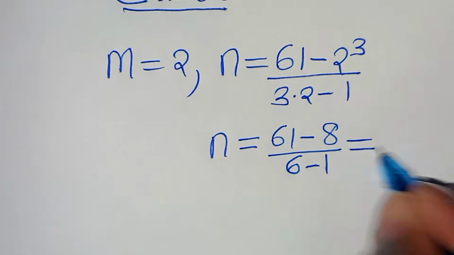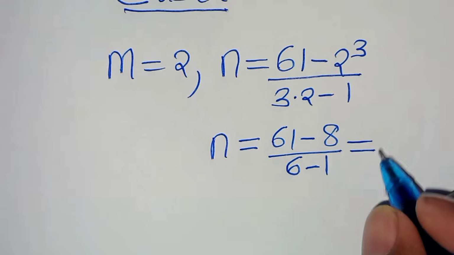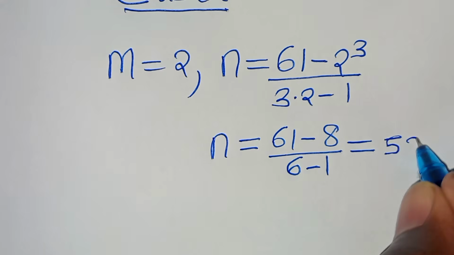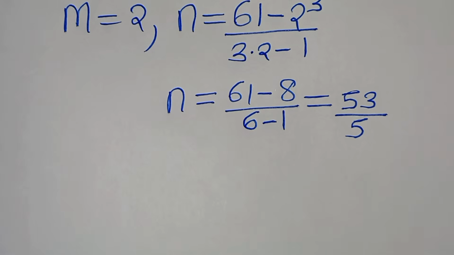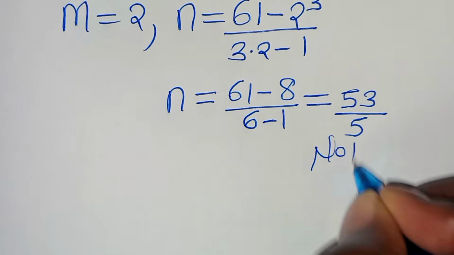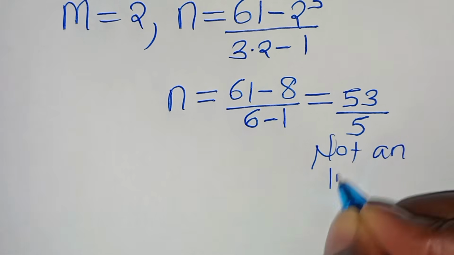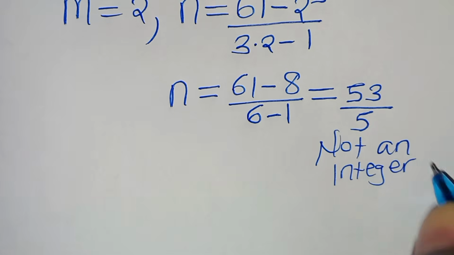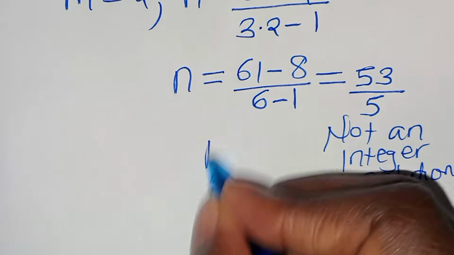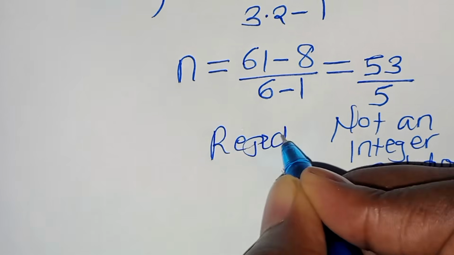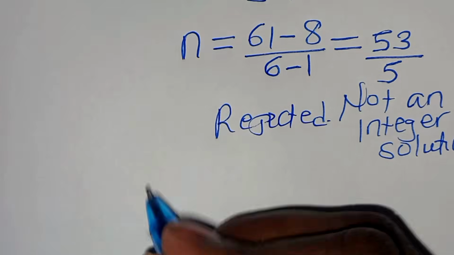This means we have 53 divided by 5, and you find that 53 divided by 5 is not an integer solution. So case 2 is rejected. Let's proceed to case 3.